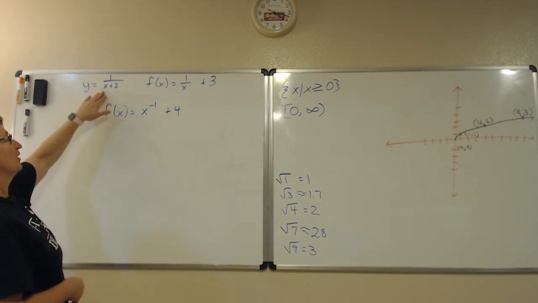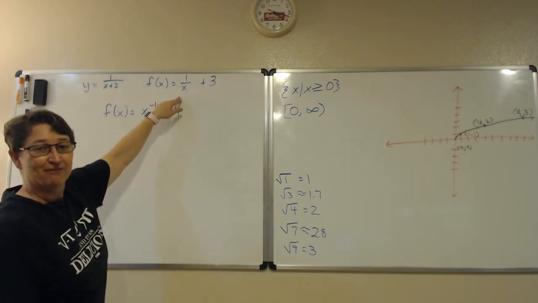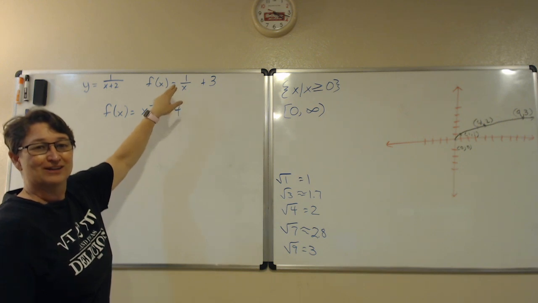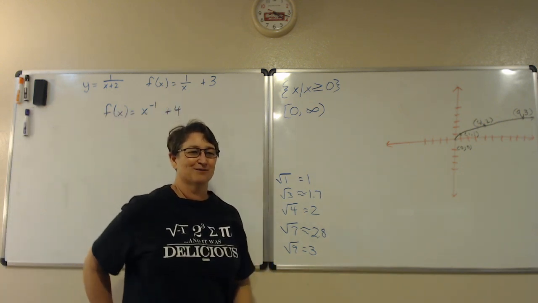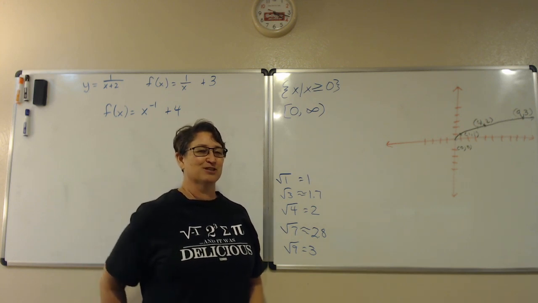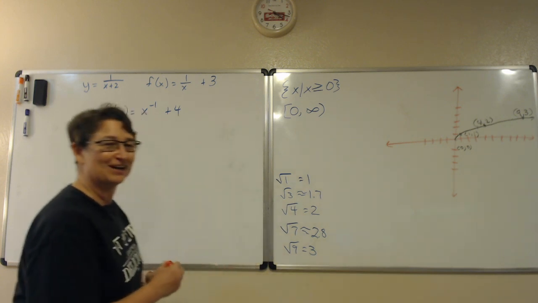Notice that each one of these has an x in the denominator of that fraction. And you are exactly right. Cherish, way to go. Another bonus point there. Oh, I bet it's from Discord. Way to go, Cherish. You're right.